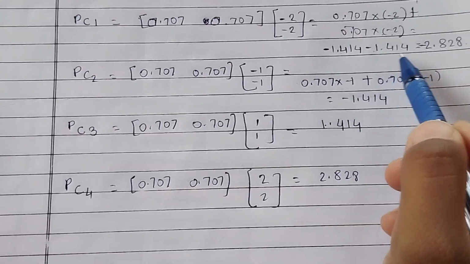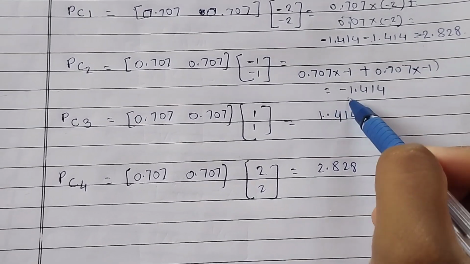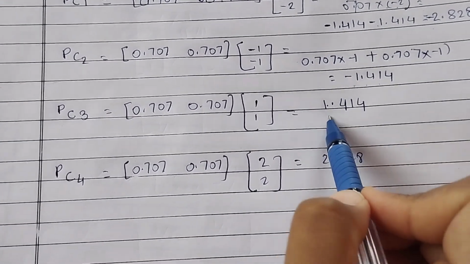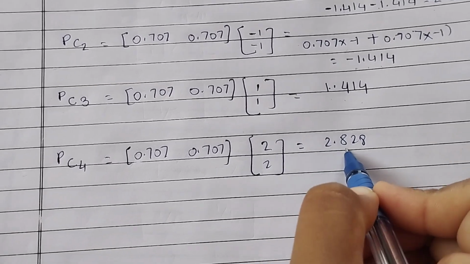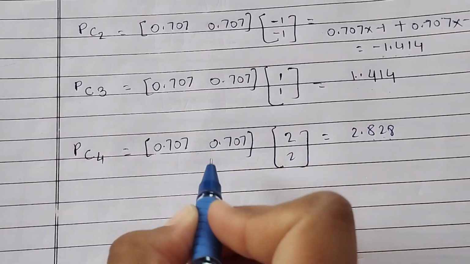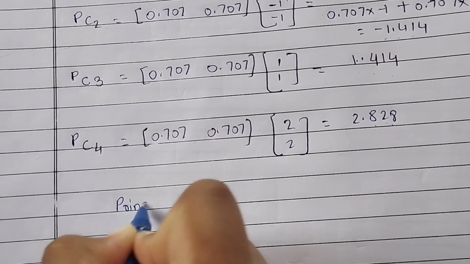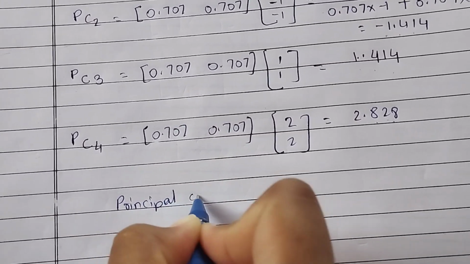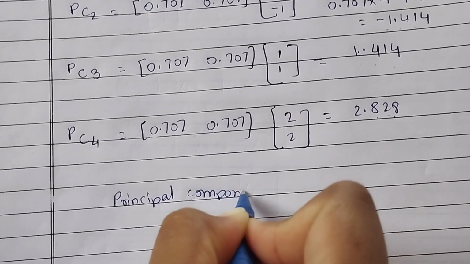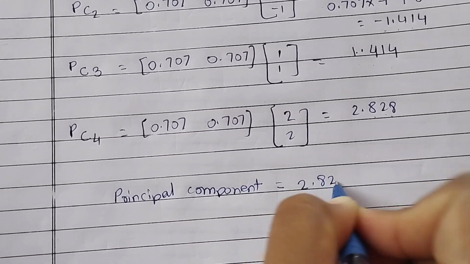So from this, minus 2.828, minus 1.414, 1.414 and 2.828, which value is the larger one? This 2.828. So our principal component is equal to 2.828.